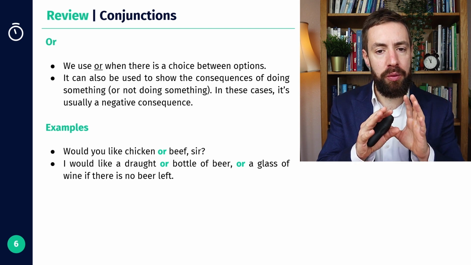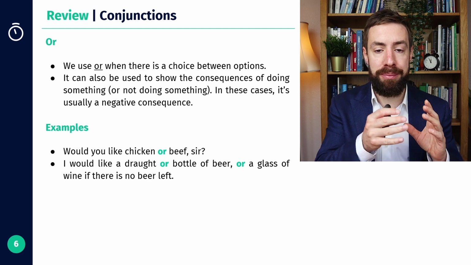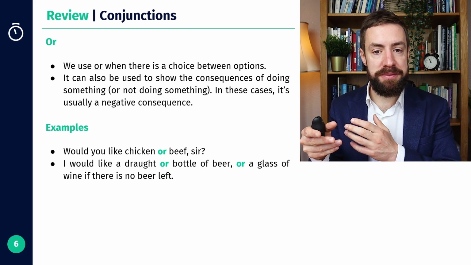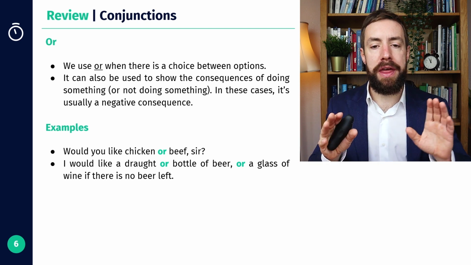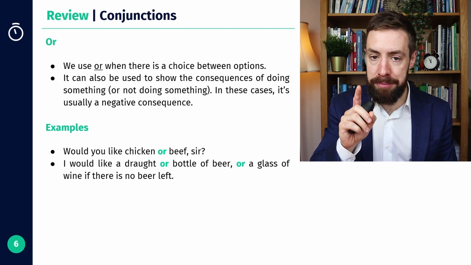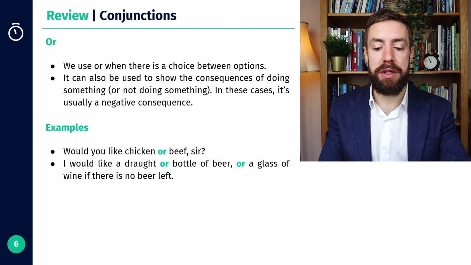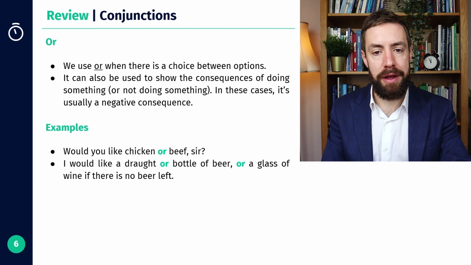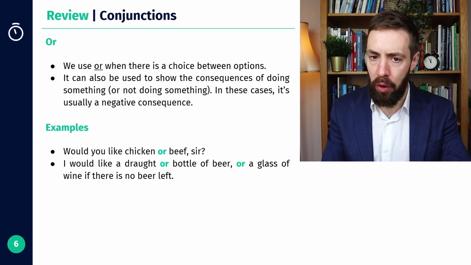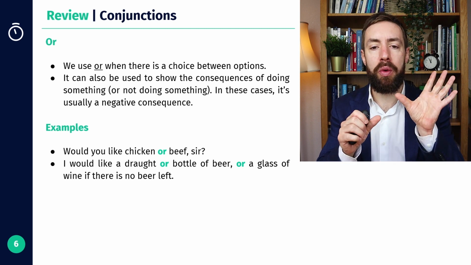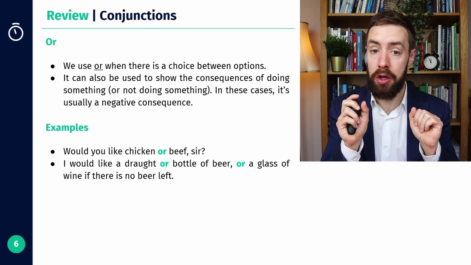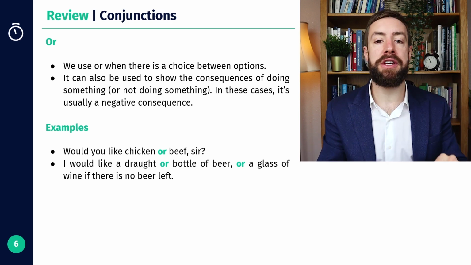Okay, so when we do it like that, apples or oranges, big or small, then we don't need a comma. But in the second sentence, you can see there's a comma before the "or." And that's because we're connecting two different clauses, two parts of the sentence.